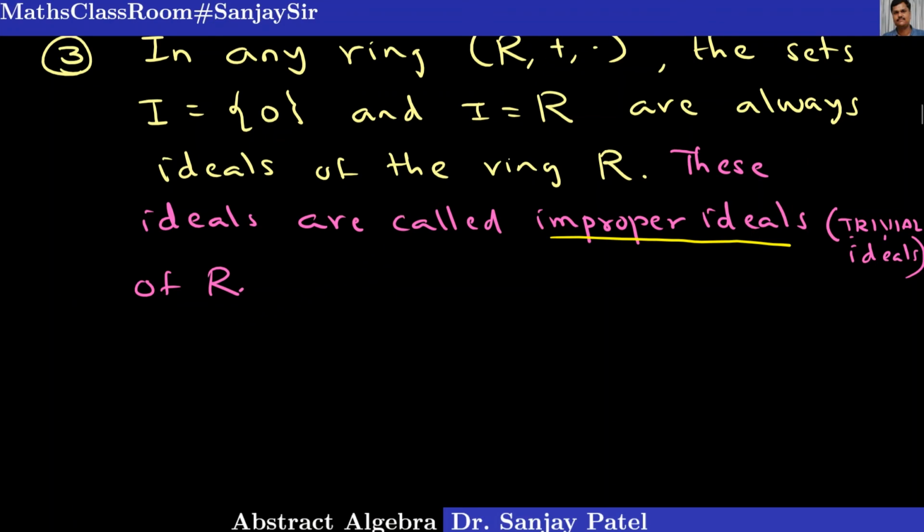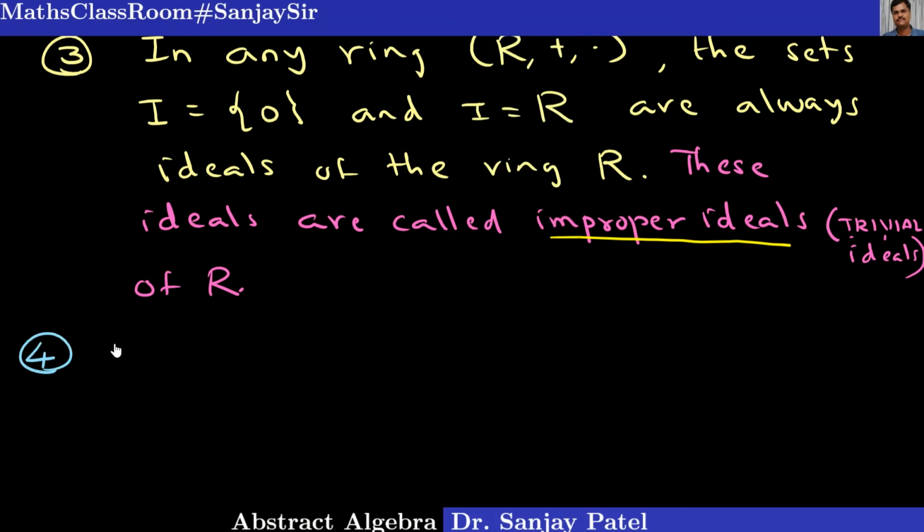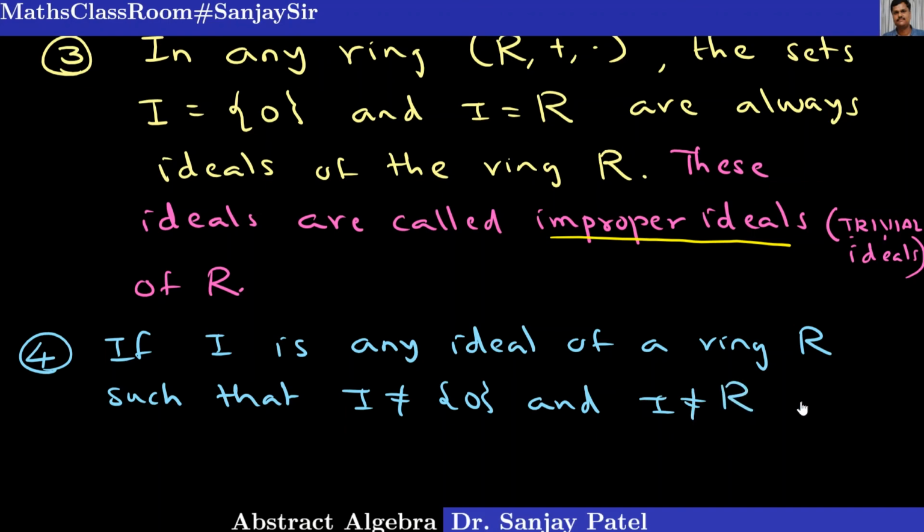So let me write that as the next important remark. If I is any ideal of a ring R, such that I is not equal to singleton 0 and I is not equal to the whole ring R, then such an ideal I is called a proper ideal.